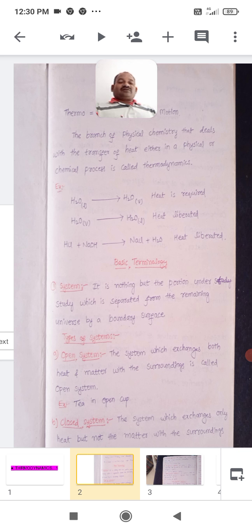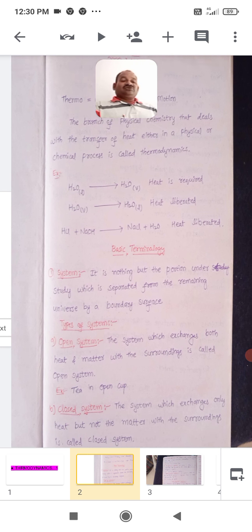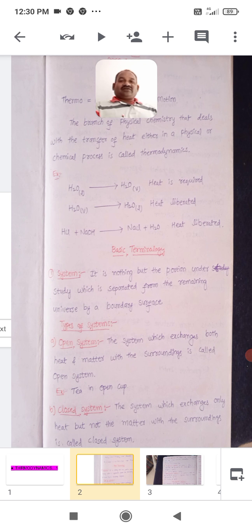When H2O vapor undergoes change to H2O liquid, the vapor condenses and forms a liquid state, so heat is liberated. HCl plus NaOH is a chemical reaction, the neutralization reaction. What happens in this reaction? Salt, NaCl, is formed and water is liberated, so heat is liberated here.